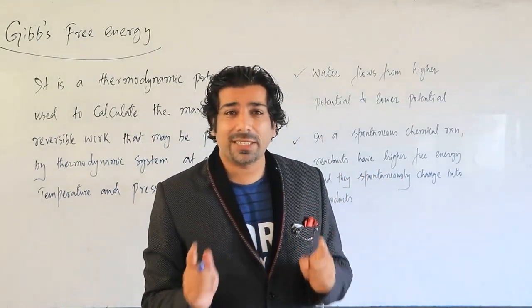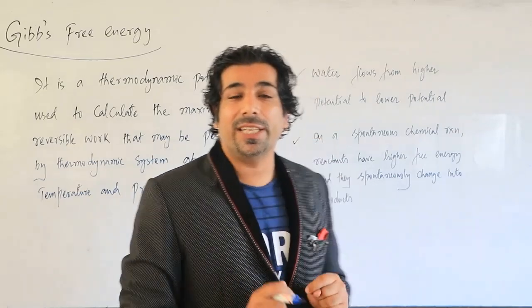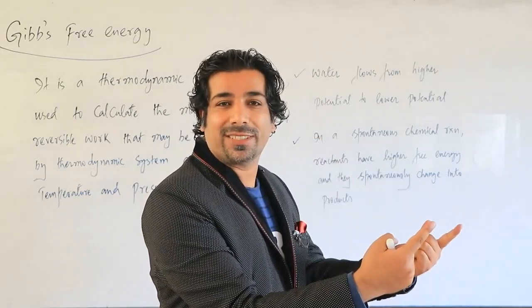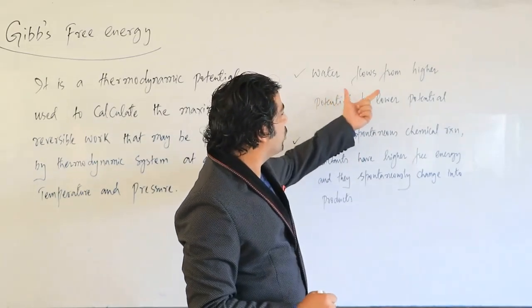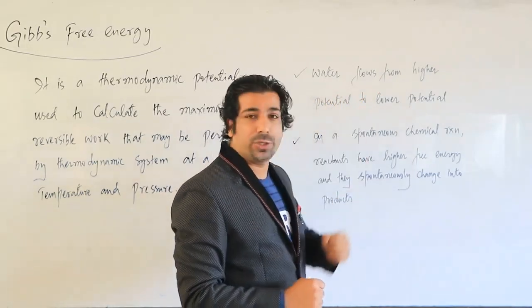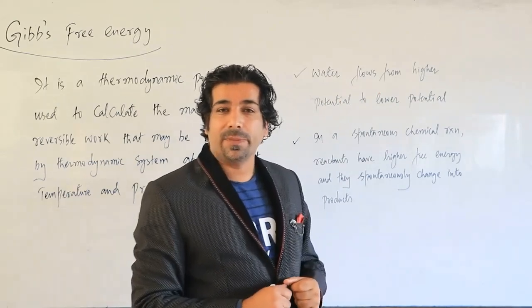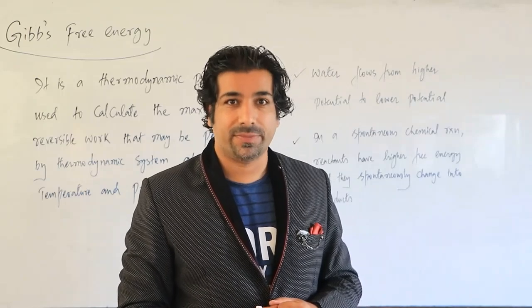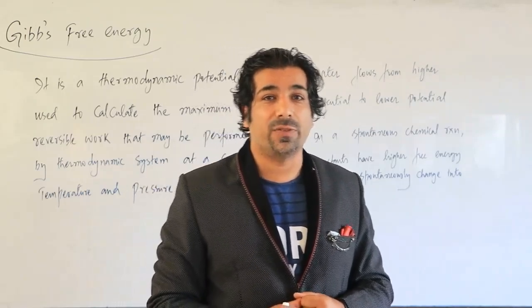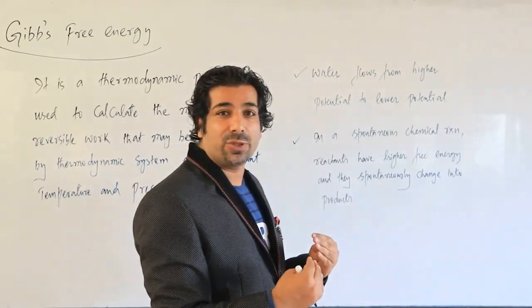That means if reactants have higher free energy, they can easily change into the products. Understand that point. Water flows from higher potential to lower potential, which means the water at higher potential has more free energy. It will flow from higher free energy to lower free energy.